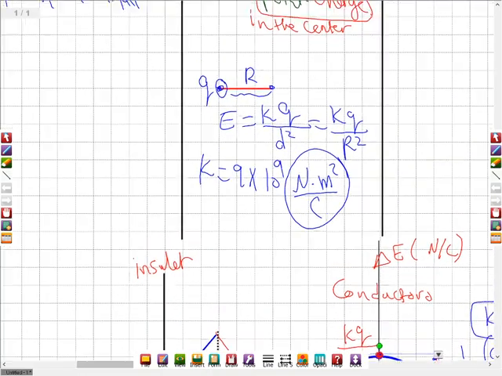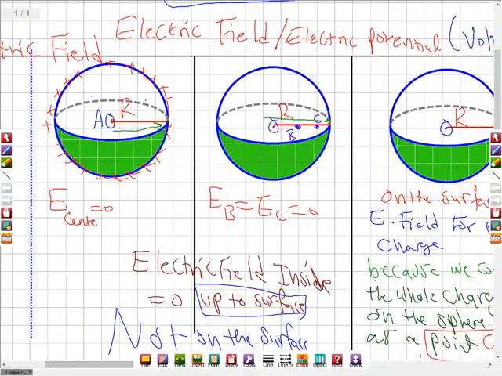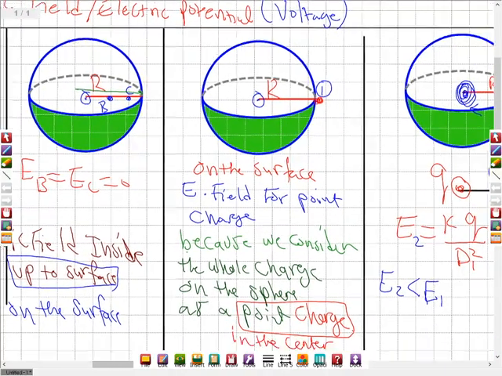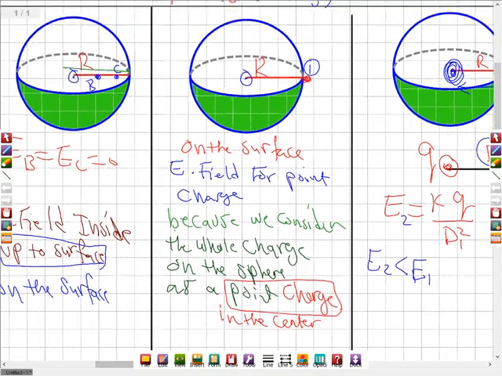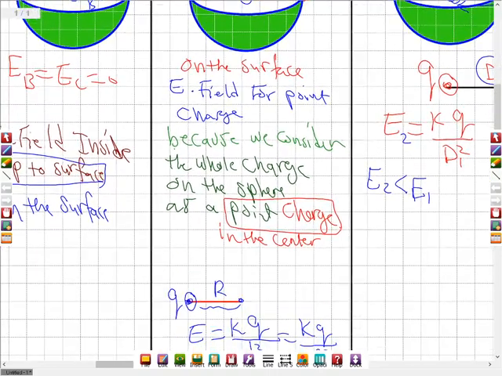I'm going to repeat this again. The charge is distributed on the surface of the conductor, which causes the electric field from point O to the surface to equal 0 inside. Then on the surface, we consider the whole sphere to be a point charge located at the center.